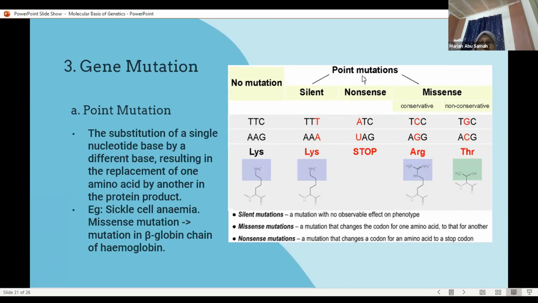The third point mutation is nonsense mutation, where a change in the base that used to code for an amino acid is changed into a stop codon.